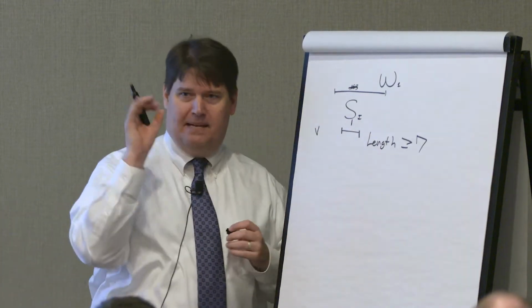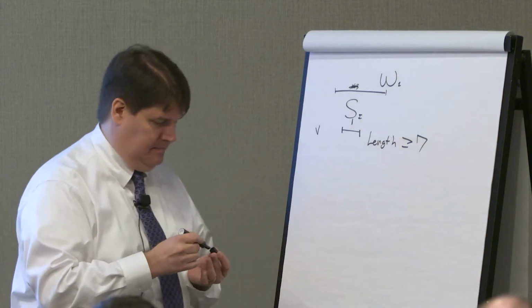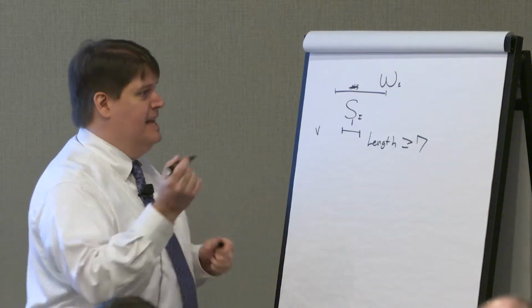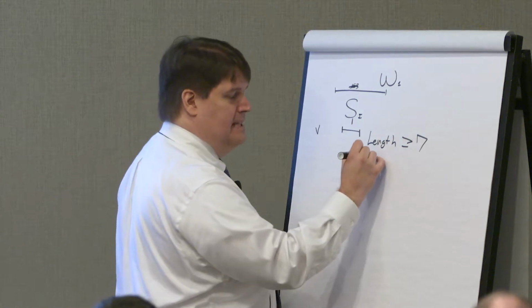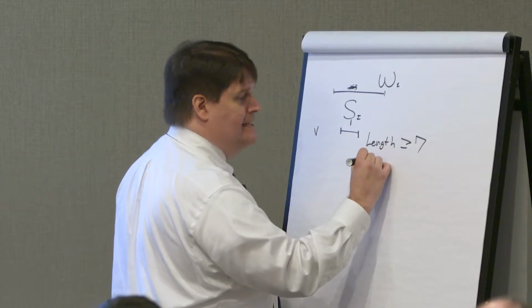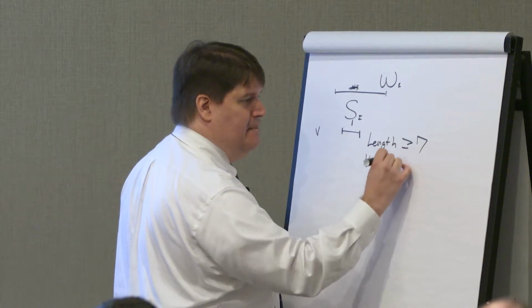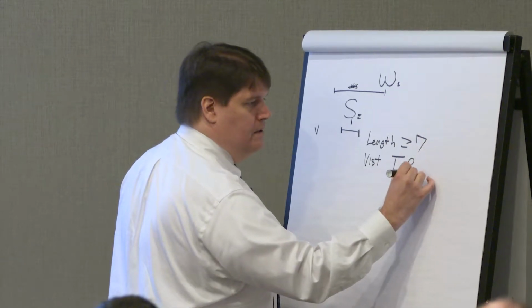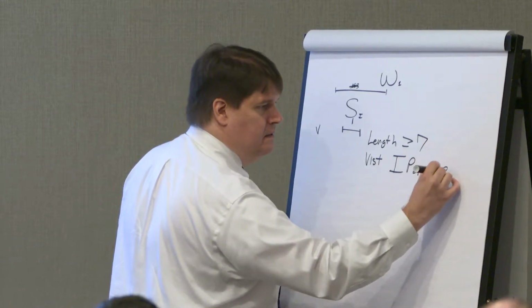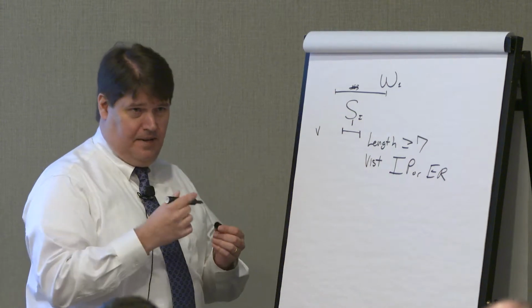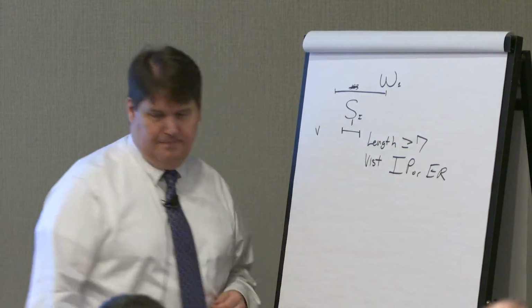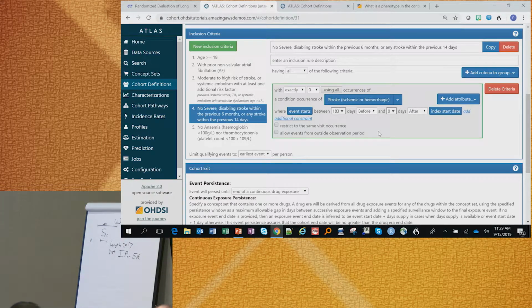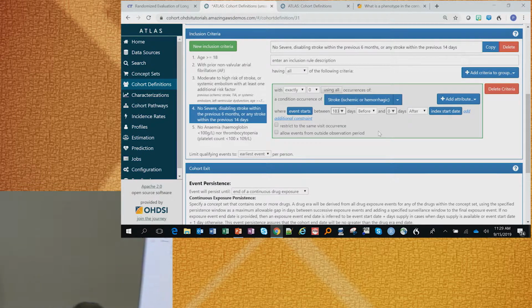The number of times this happened has to be 0. And good point, we also want the visit to be an inpatient or ER visit. Is that right? Yeah, inpatient or ER. Okay, so now we have the logic of what we want to do.